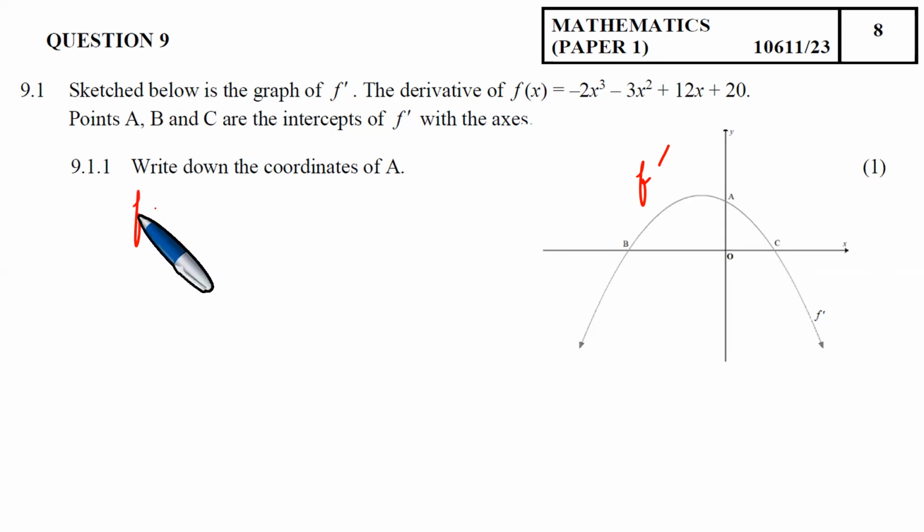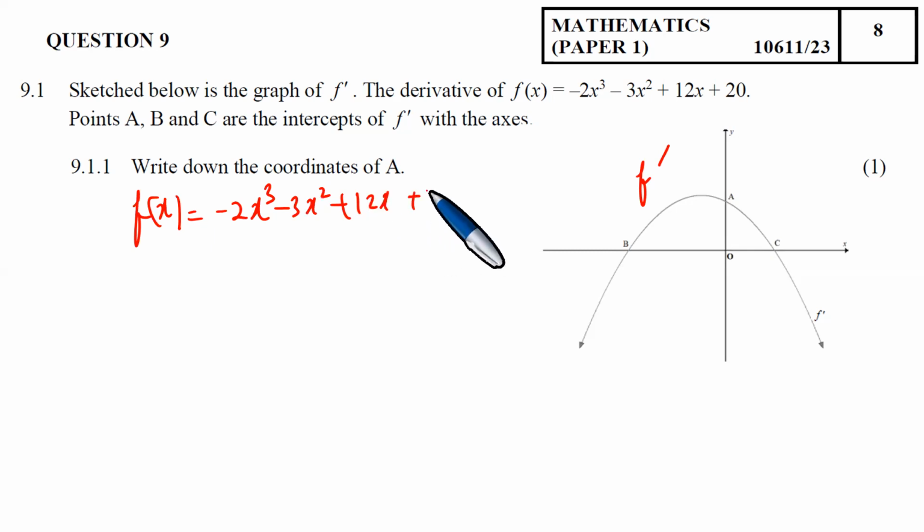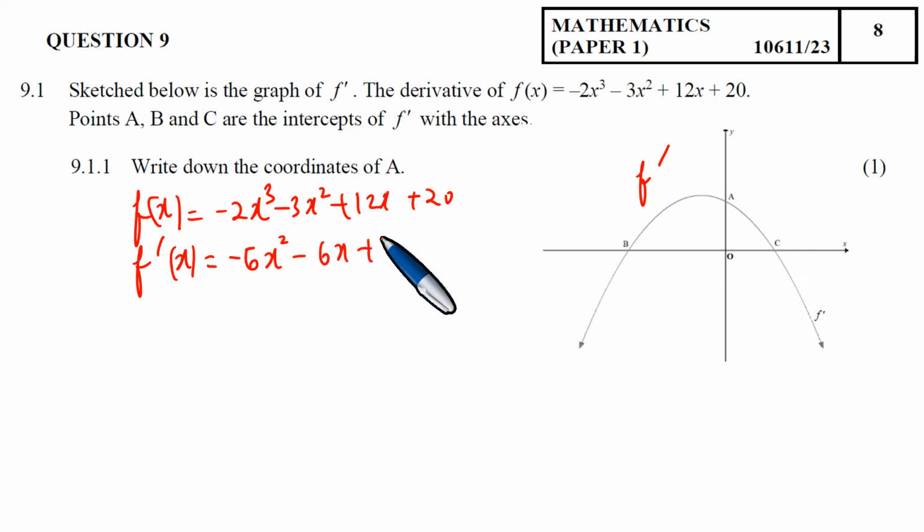We copy down the original function, which is minus 2x cubed minus 3x squared plus 12x plus 20. We find the first derivative, which is minus 6x squared minus 6x plus 12.